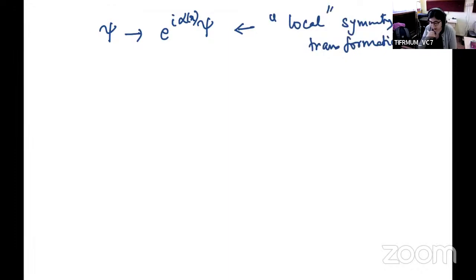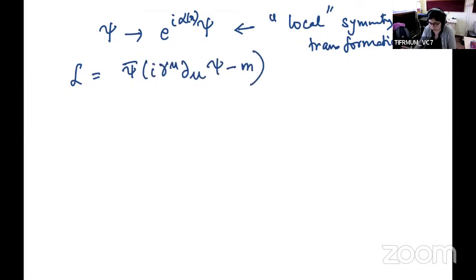And you will notice right away that your Lagrangian is not really invariant anymore. The mass term is fine. However, this term actually has 2 components.